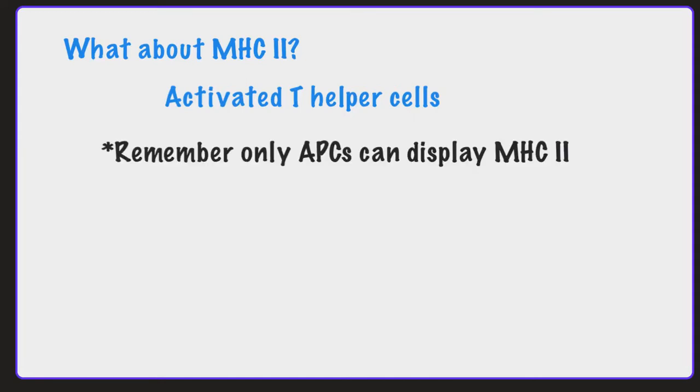What about MHC2? I mentioned MHC2 before, but we haven't really talked about it. MHC2 is responsible for activating T helper cells. If an antigen presenting cell displays a pathogen that it has internalized, remember MHC2 are found on antigen presenting cells, then it can activate a T helper cell that recognizes it with its T cell receptor.